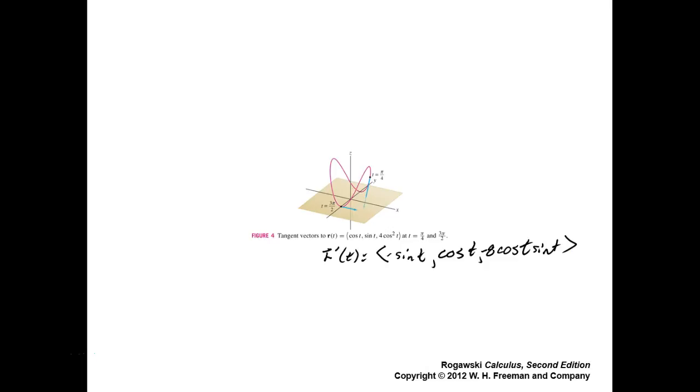Okay, chain rule is the power function: 2 times the 8 times this function, cosine t, times the derivative of that function, cosine t, which is negative sine t. Okay, so there's your r prime of t.